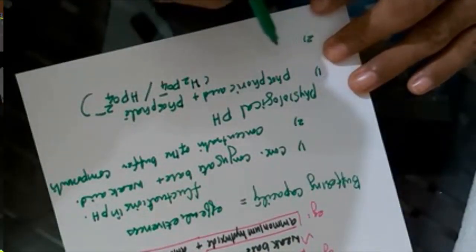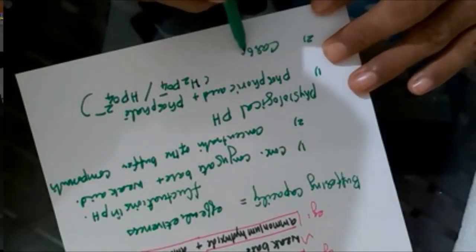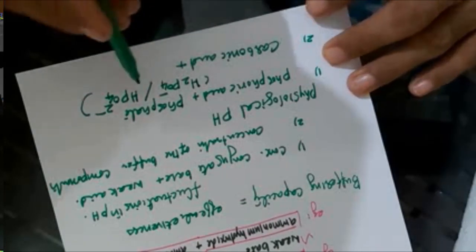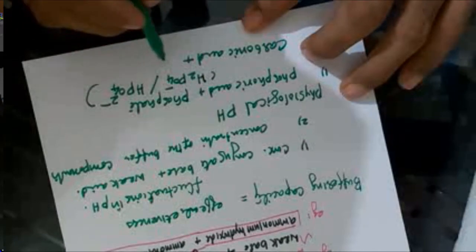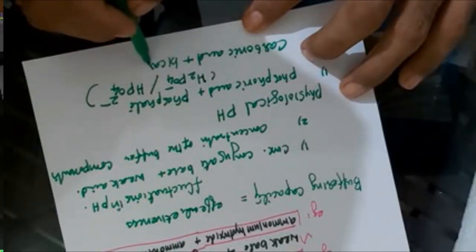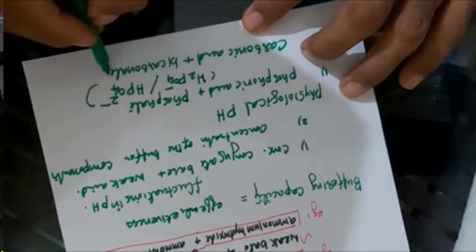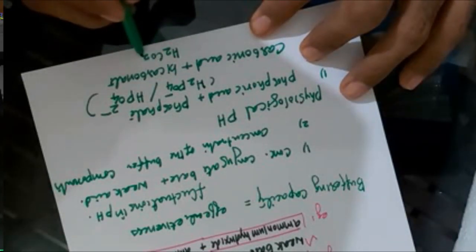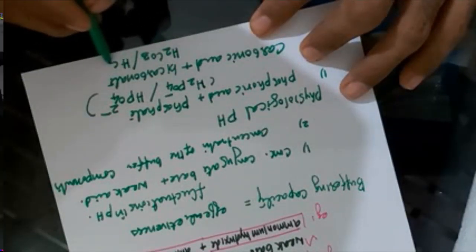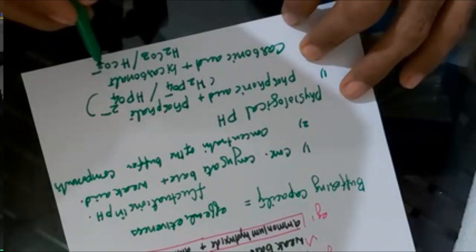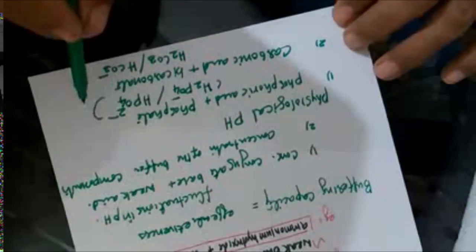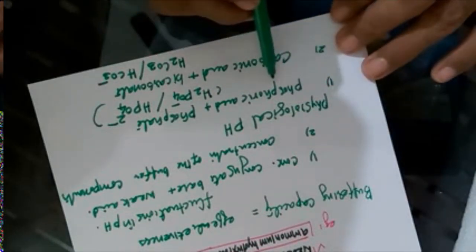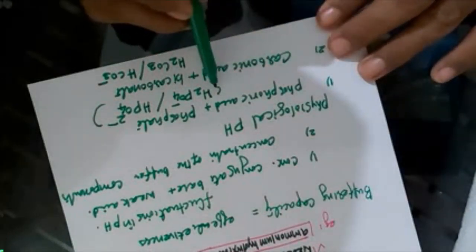And the second one is what? Carbonic acid plus bicarbonate buffer system, represented as H2CO3 and HCO3 minus. So these are the different examples of buffer systems seen in the human body.